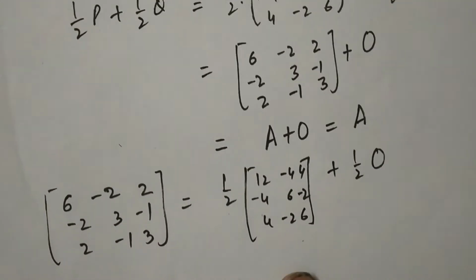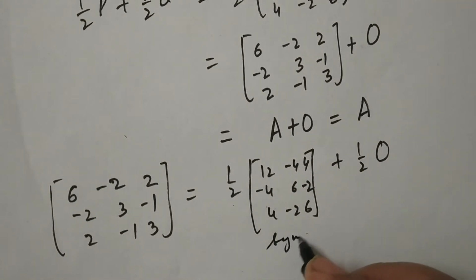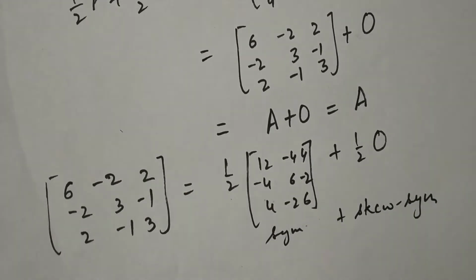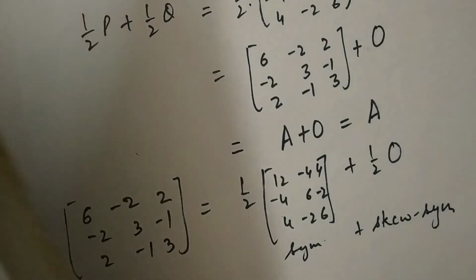So this is a symmetric matrix plus a skew symmetric matrix. So we can do this question as it is.